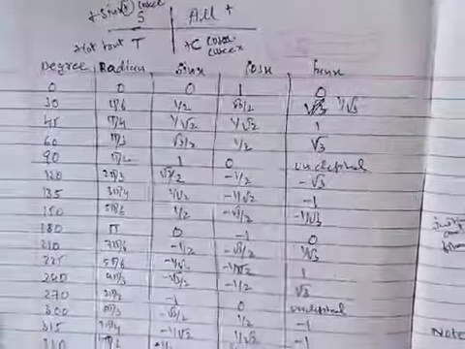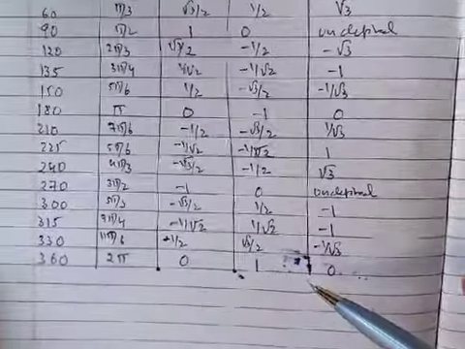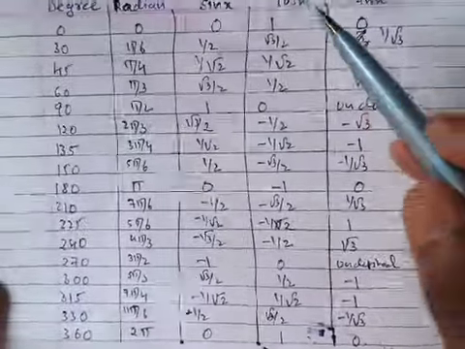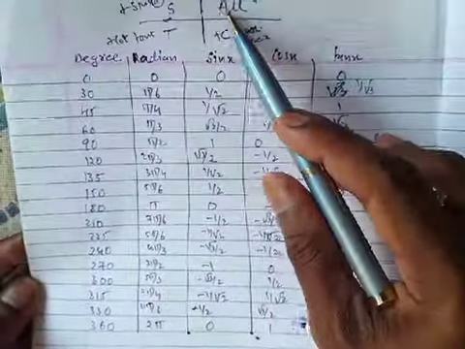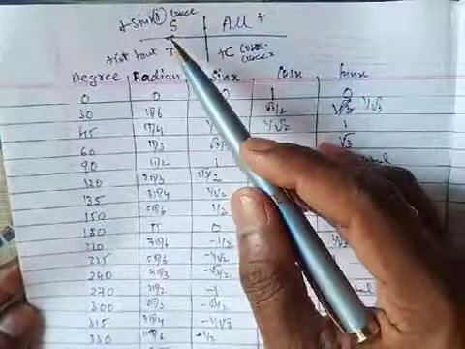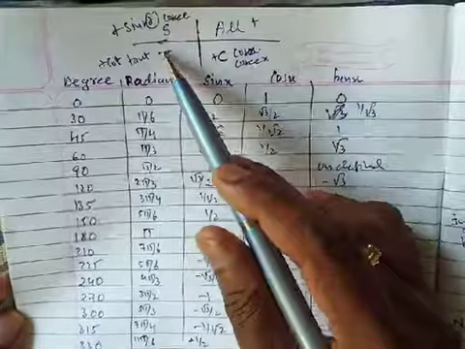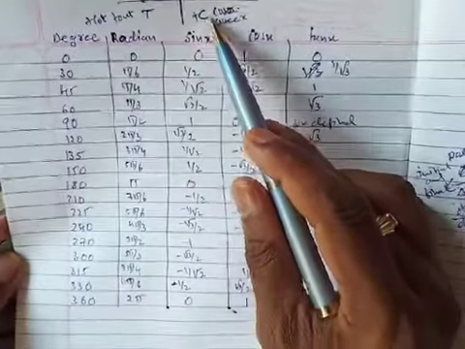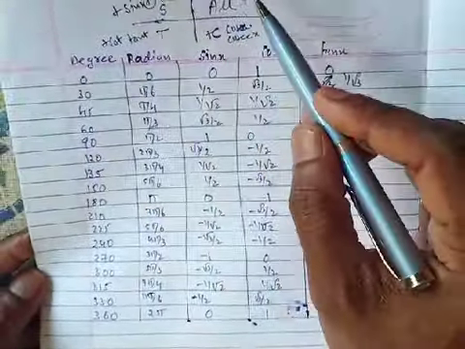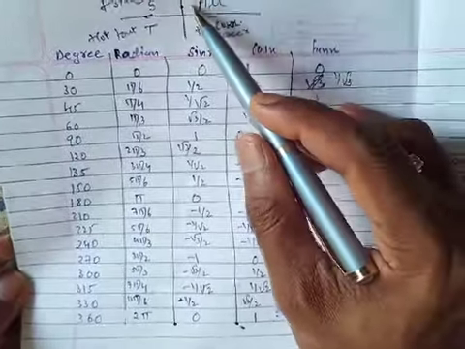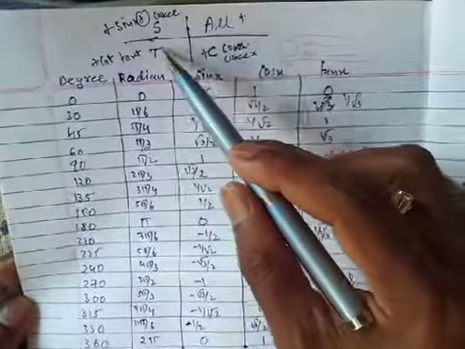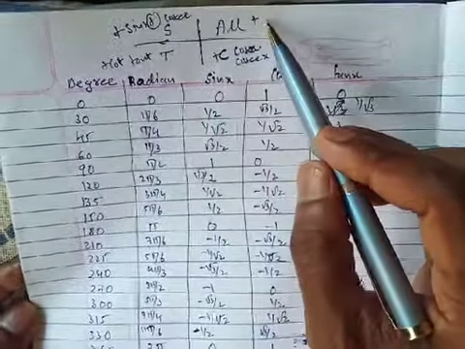See this chart and take a snapshot of it. Here, all functions are positive. Here sine function is positive. Here cot and tan are positive. And here cos is positive. So tan is positive in the first and third quadrants. Here it is pi by 4.